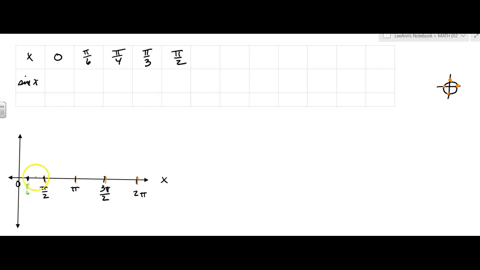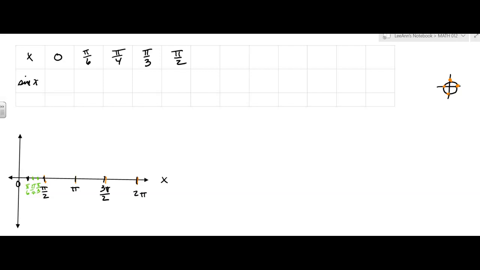And then pi over 4 would be halfway in between, so pi over 4. And then pi over 3 would be like 2/3 of the way, pi over 3. Now, we're not going to do this for every graph that we do, but I want to give you a picture of what's going on right here at the beginning with the information that we know.